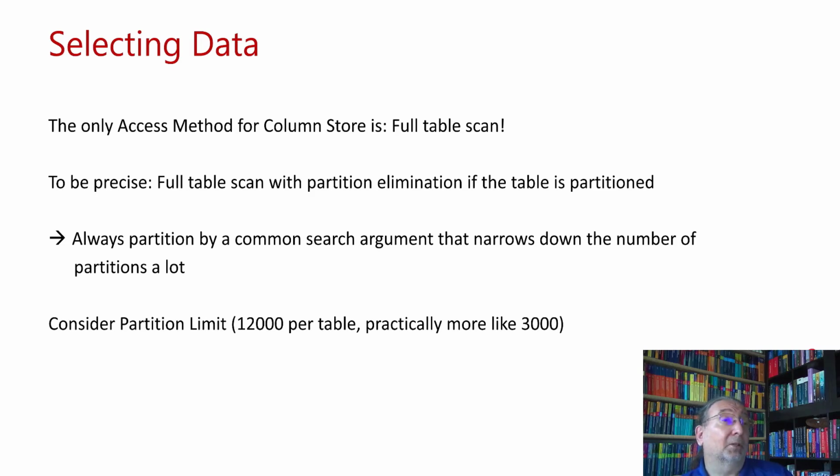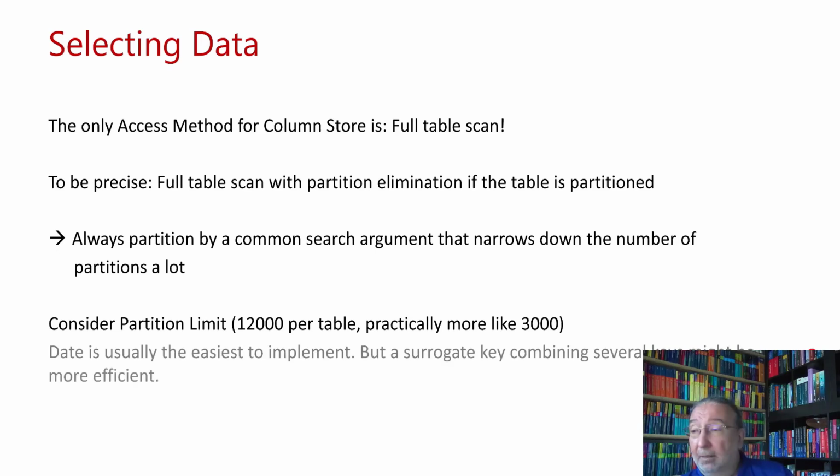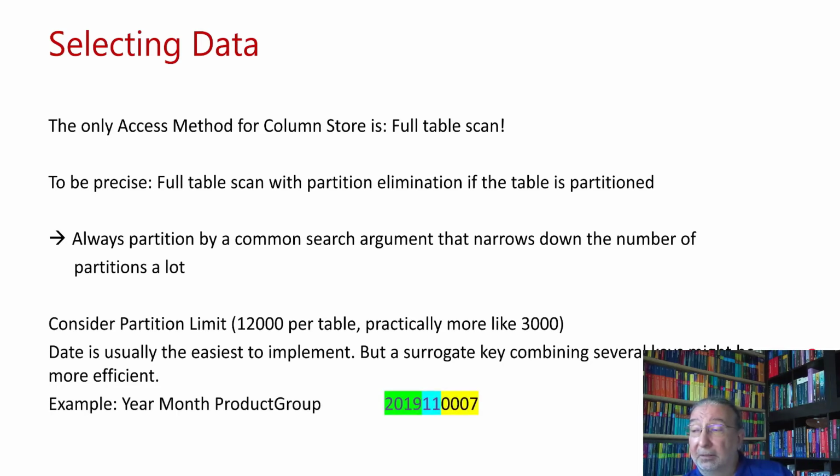But then all your queries should filter on that: you're interested in a very specific day or range of days. Another thing that I like to do sometimes, if I can't find a single key that gives me enough granularity, is create surrogate keys that allow me to achieve that. Let me show you this very simple thing: I take the year, I take the month, and I take a product group and stitch them into an integer.